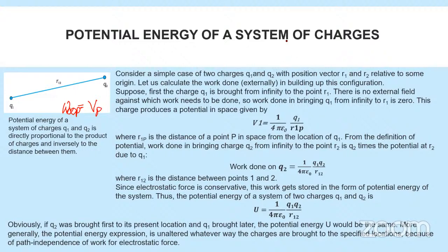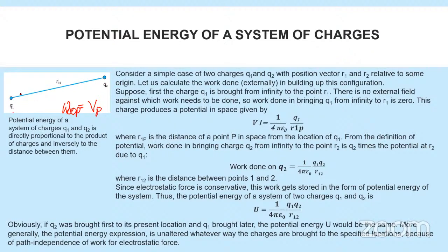Now Q1 has already come to this point. So when we do work in bringing this charge Q2 from infinity to the point R2, that is going to be Q2 times the potential at R2 due to Q1.